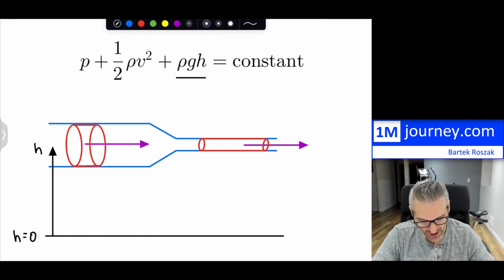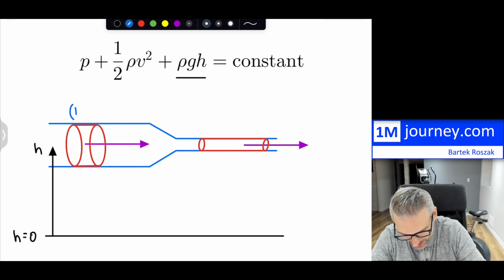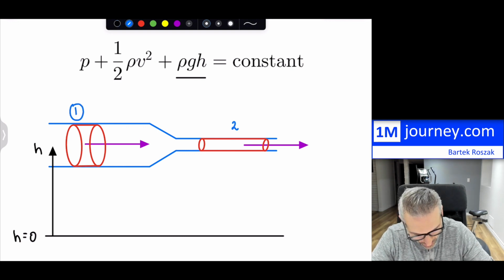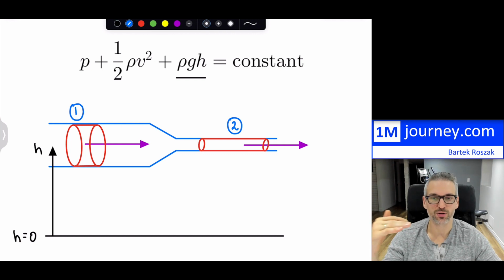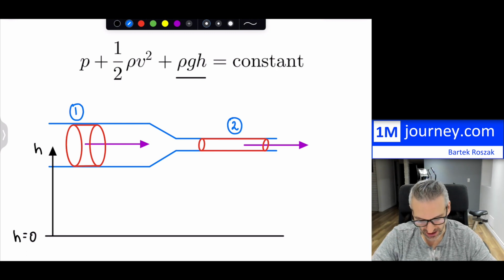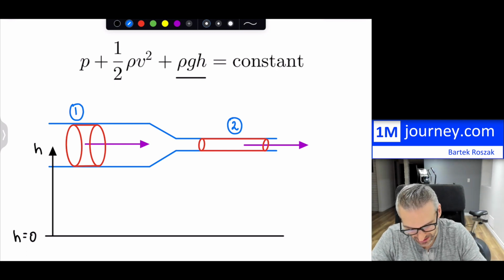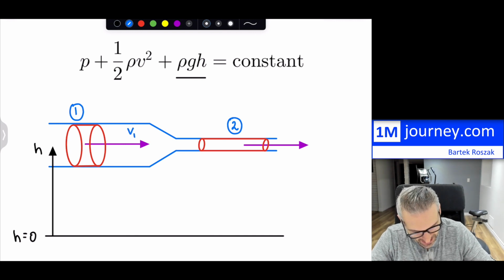Now I'm going to label these two tubes. Let's label this fatter one as 1 and this narrower one as 2. The fluid is passing from 1 to 2, so it's going to have a certain speed. Let's say this speed is V1 and this speed is V2.